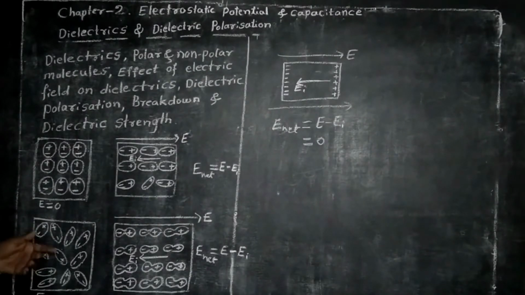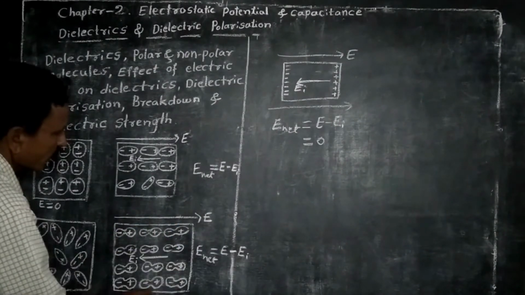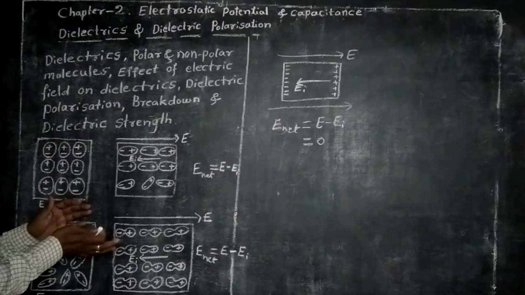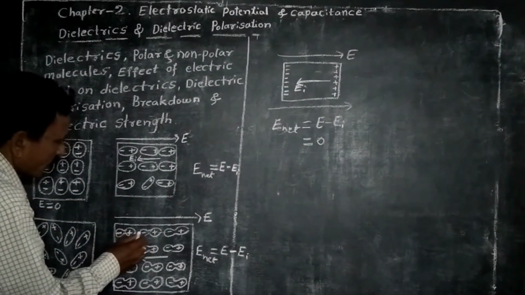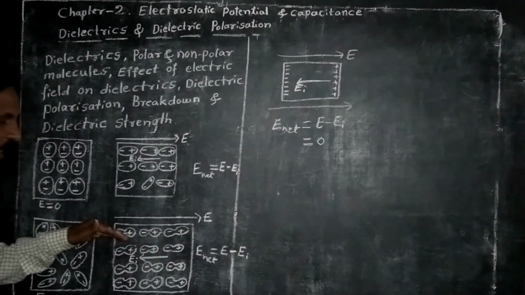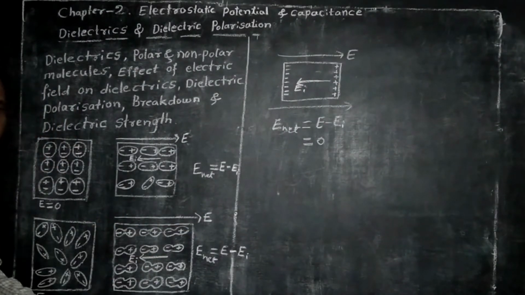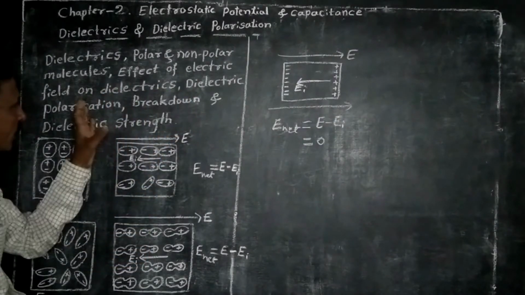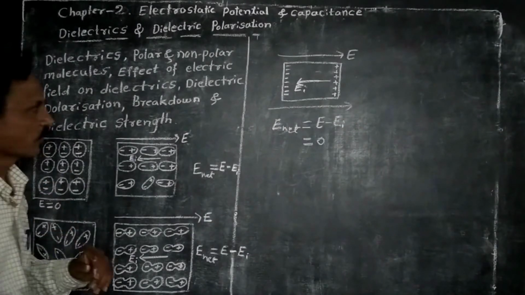Similarly, when a polar dielectric is placed in an external electric field, they experience torque, till the dipole moment aligns along the direction of the electric field, and this we call dielectric polarization.